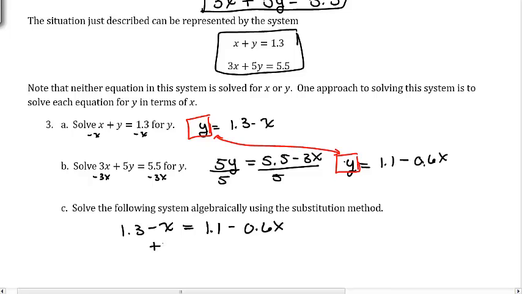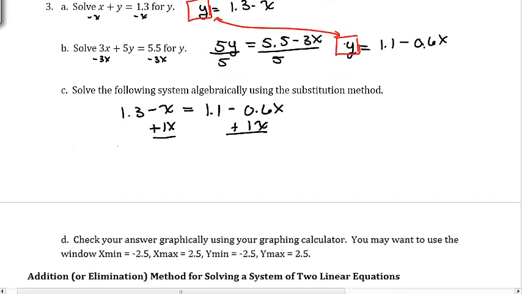So we're going to add 1x to both sides. Remember, this is the same as 1x. And that gives me 1.3 = 1.1, and then 0.6x plus 1x is plus 0.4x. And then we're going to subtract 1.1 from both sides.